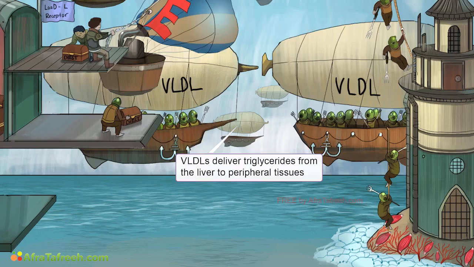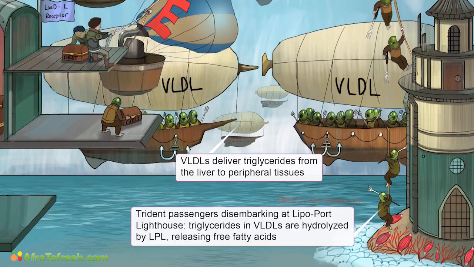Just like in the chylomicron pathway, VLDL triglycerides are hydrolyzed by lipoprotein lipase, yielding free fatty acids for storage in adipose tissue and for oxidation in tissues such as cardiac and skeletal muscle. Just think of our triglyceride passengers yet again disembarking the VLDL airship at the LPL lipoport lighthouse.